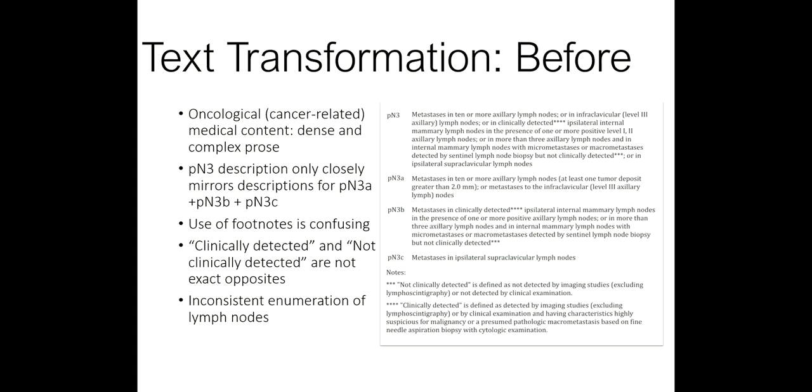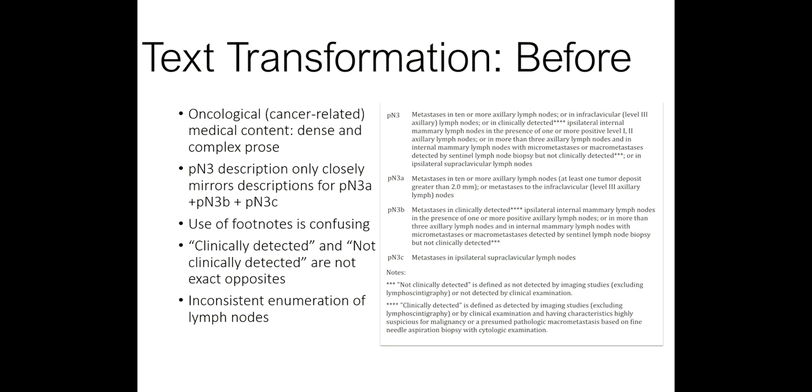So we have this rather large amount of text, as you can see on the screen before you. If you do a thorough read of this, you'll note that the PN3 description only closely mirrors descriptions for PN3A, PN3B, and PN3C. Also, the use of the footnotes is confusing.